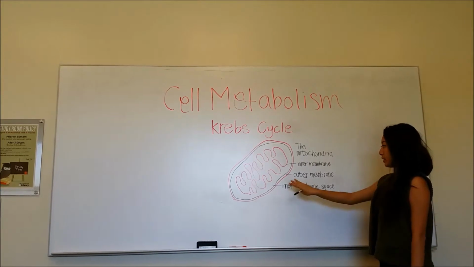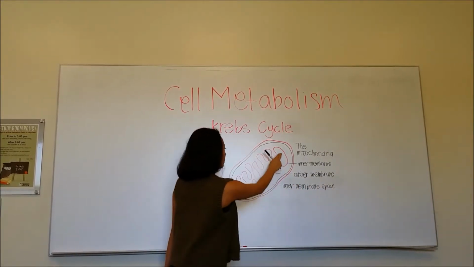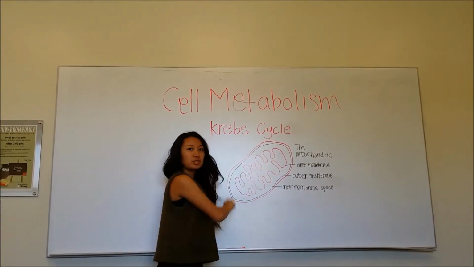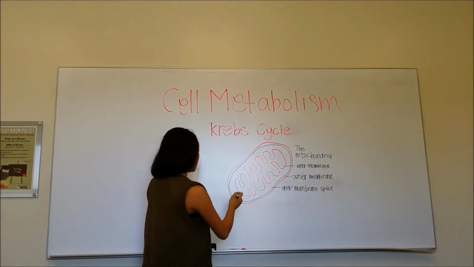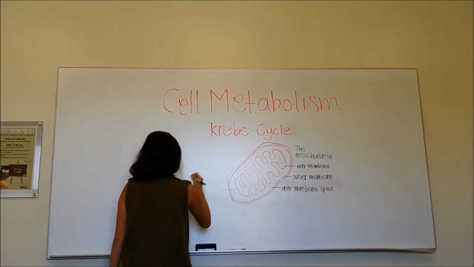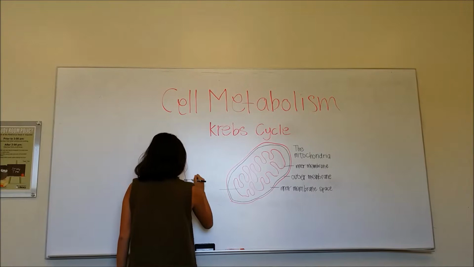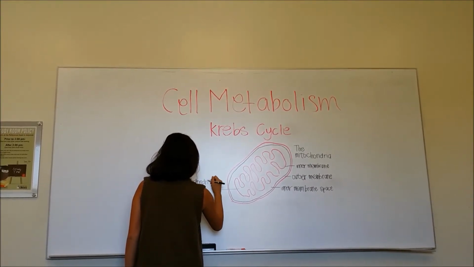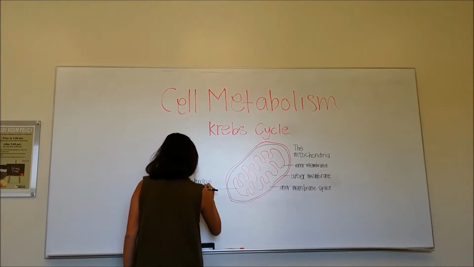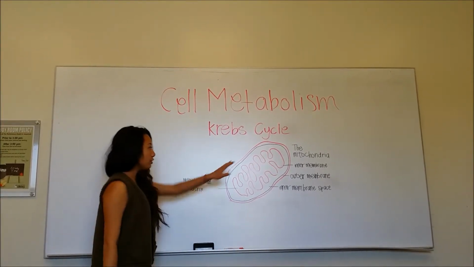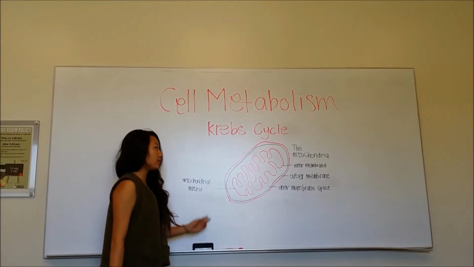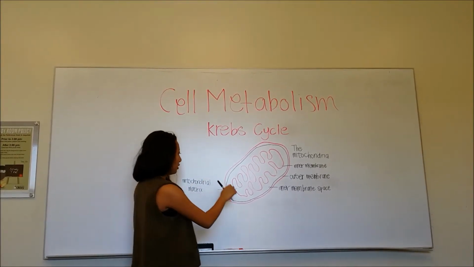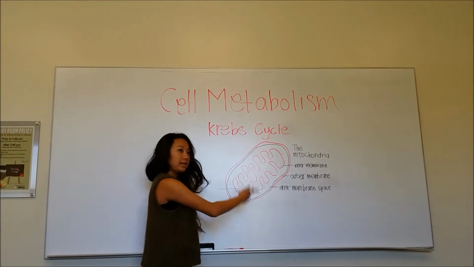And the last part of the mitochondria is this space inside here, and this is what's known as the mitochondrial matrix. Okay, so those are the four basic parts to this organelle, and now I'm going to talk about the processes that go on inside it.